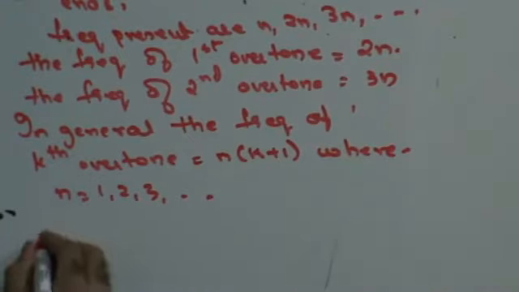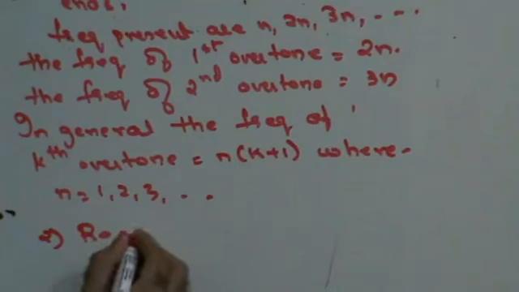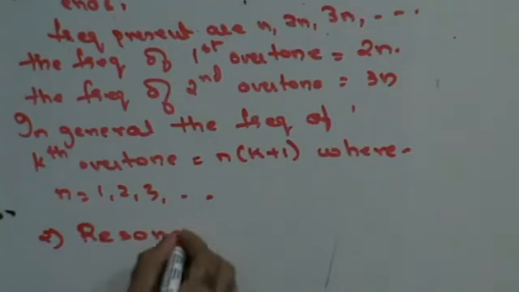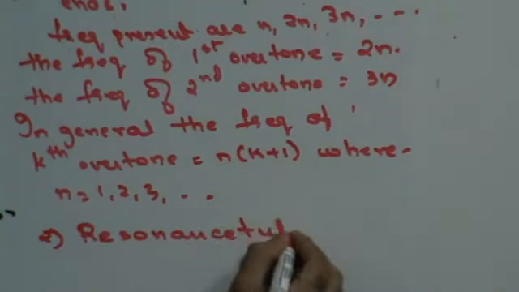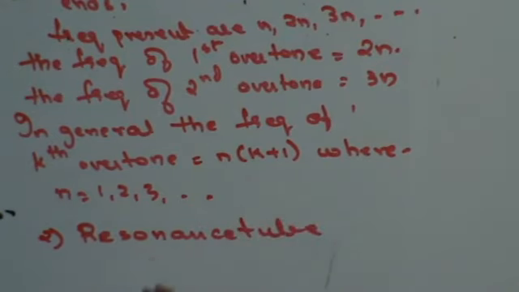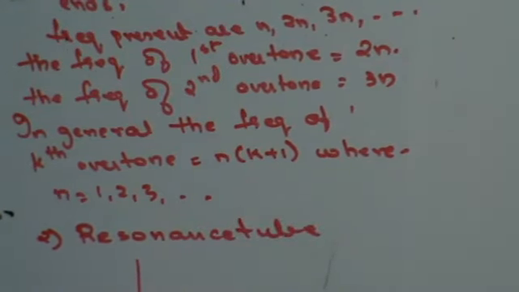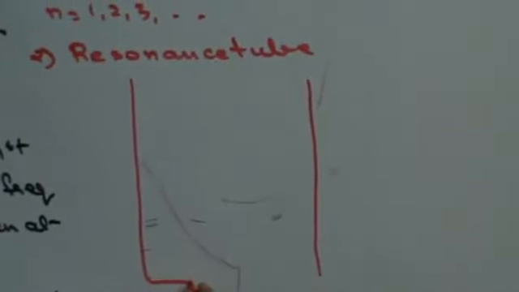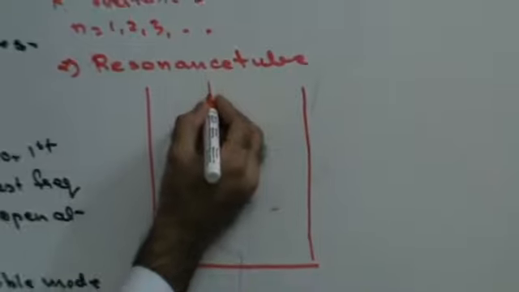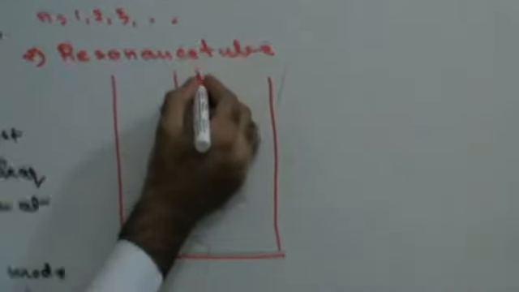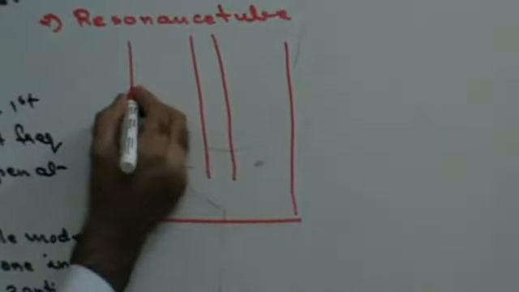Next, let's see the next thing. What is a resonance tube? Now, a resonance tube consists of a long, narrow tube whose one end is dipped in a liquid and the other end is kept free.